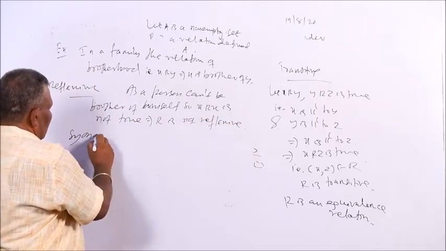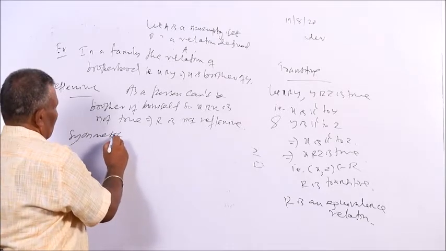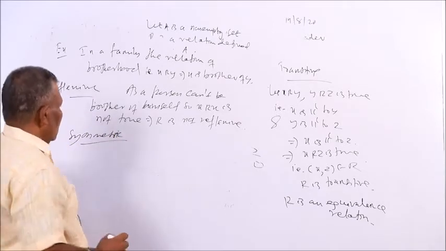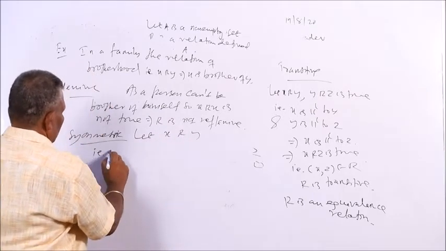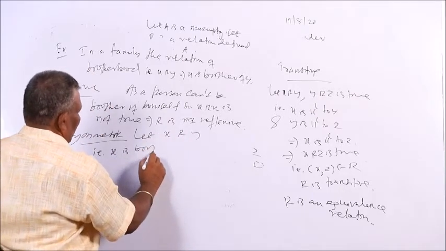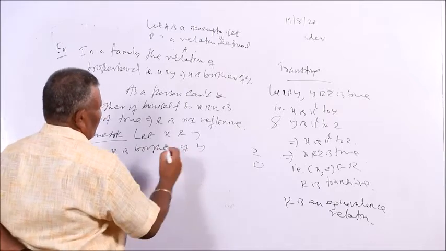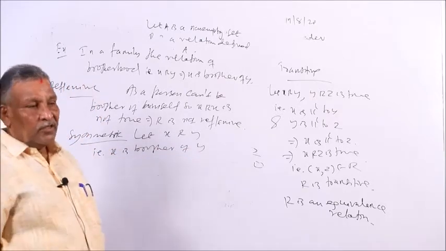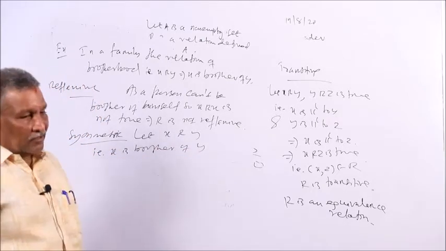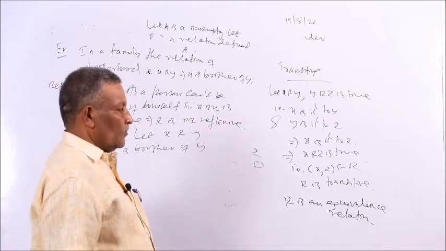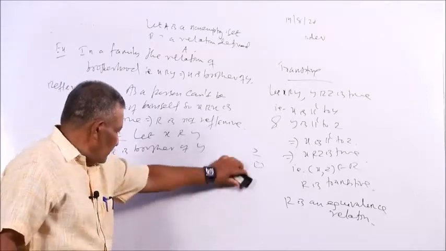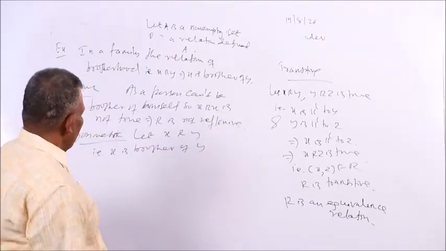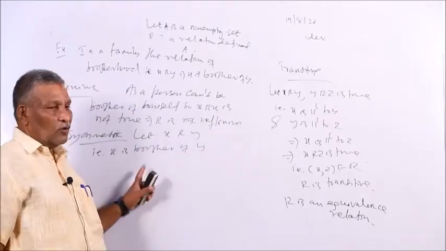Symmetric. Let x be related to y, that is, x is brother of y. Then the question is whether y is brother of x or not. Naturally, you might have a query about whether y is brother of x, but it is not always true.